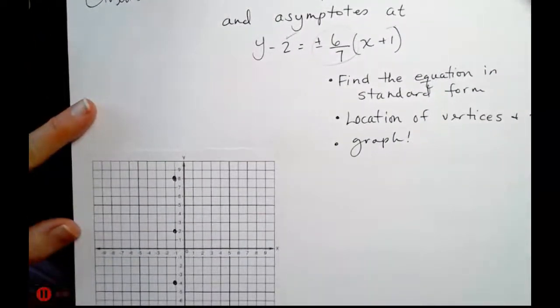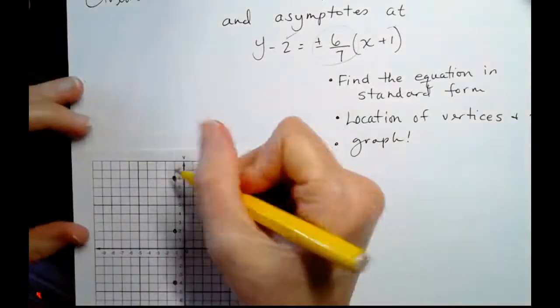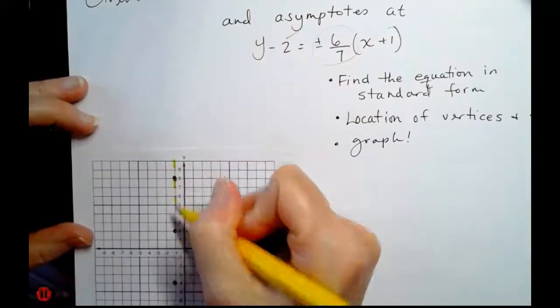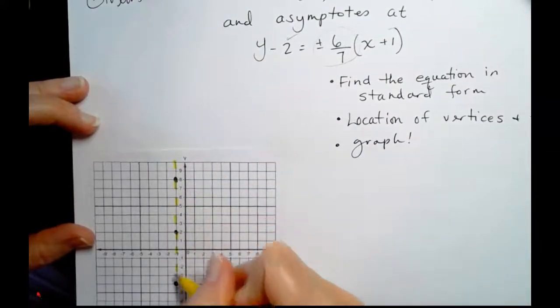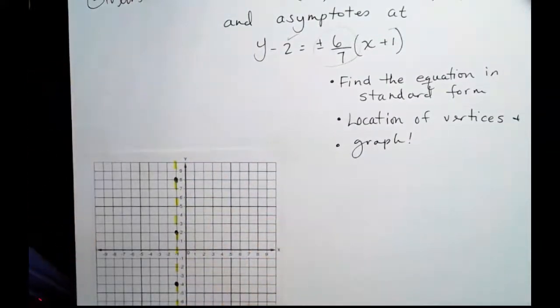But the first thing I want you to notice is that, again, we have a vertical transverse axis. In the first video I did, we had a horizontal transverse axis. That's why I've chosen both of these to be vertical transverse axis.